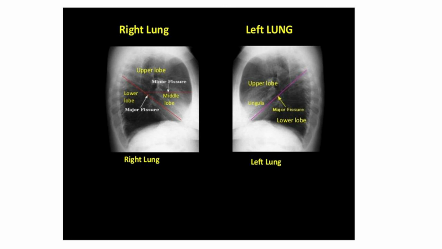But in the left lung we will see only 2 lobes, upper lobe and lower lobe, and these are separated by a line called lingula. In the right lung, lobes are separated through minor fissure and major fissure.